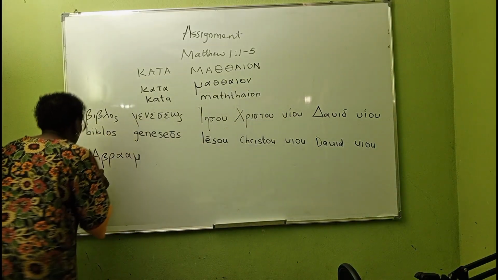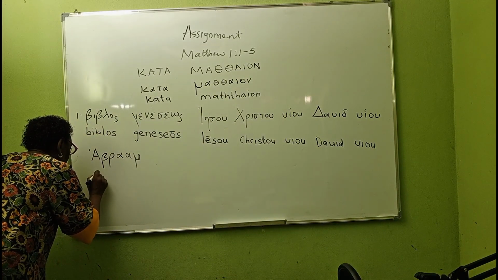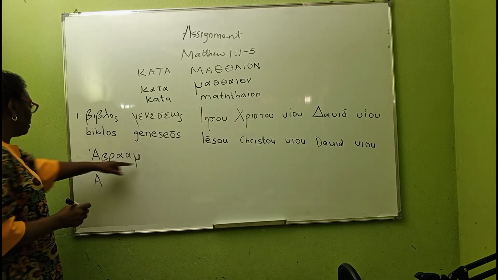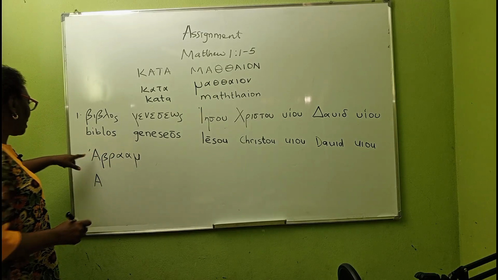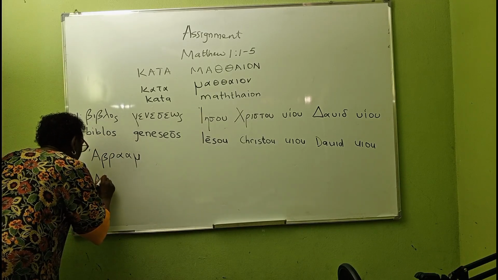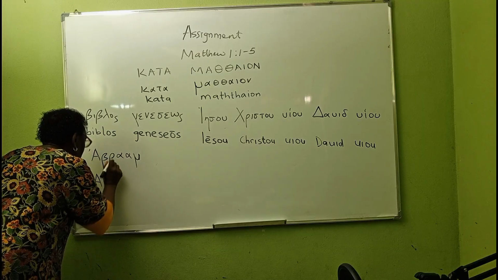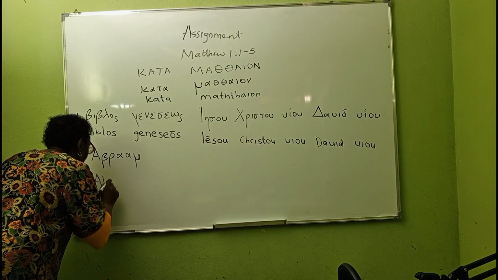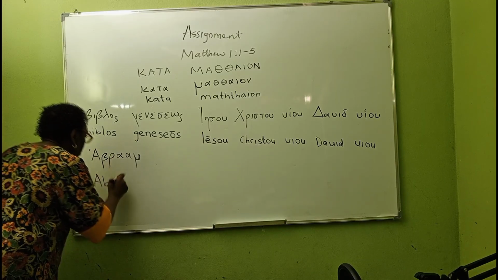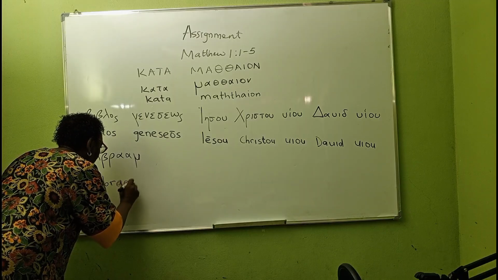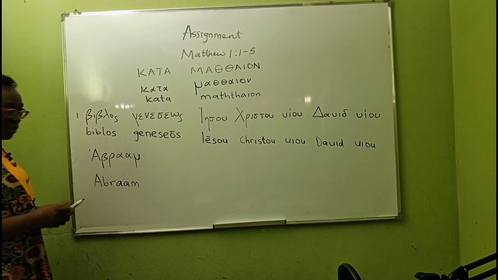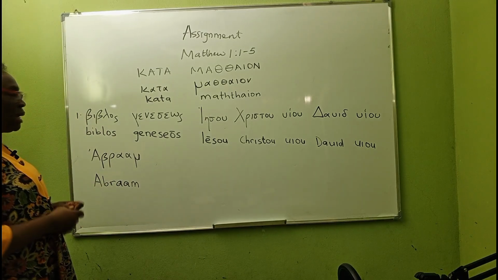And the last one there is the proper noun. You can see it starts with a capital letter. This is your beta. This is rho. This is alpha, alpha. So you'll be able to read this now.